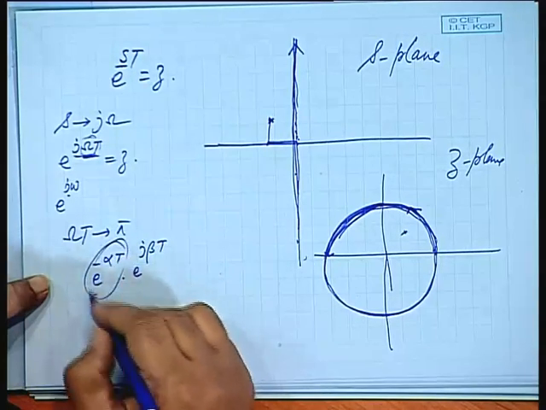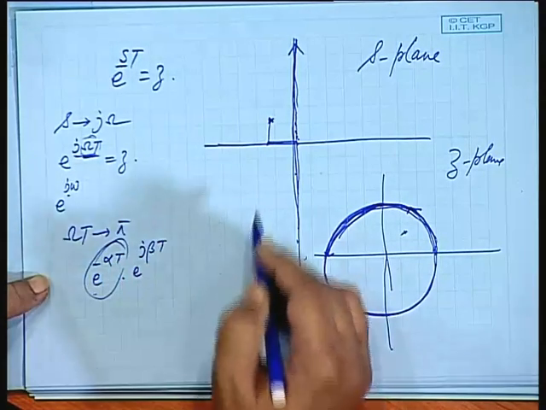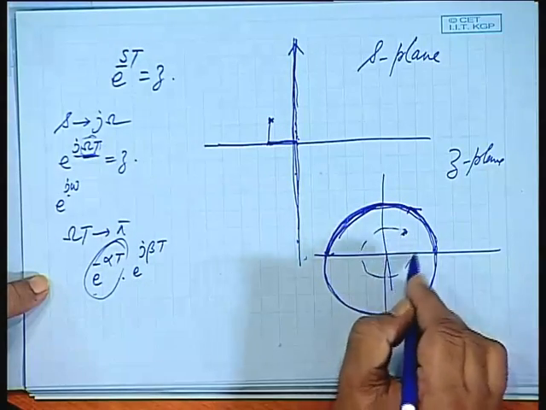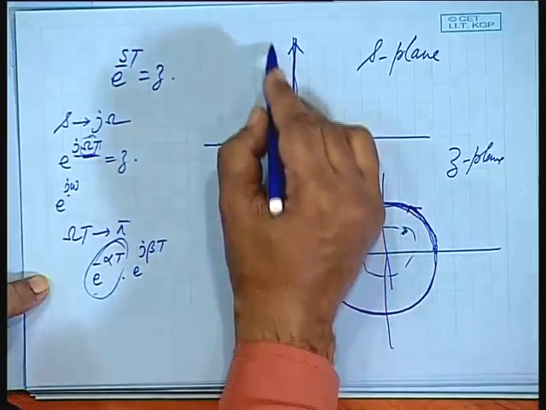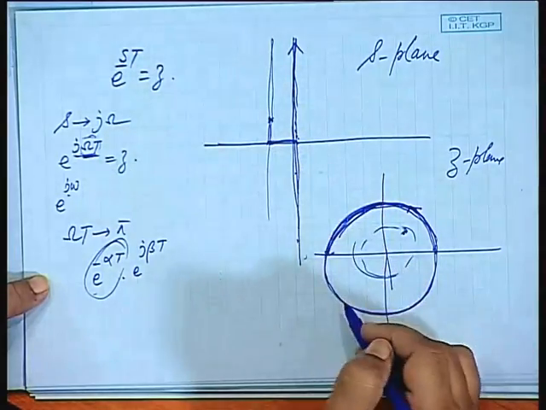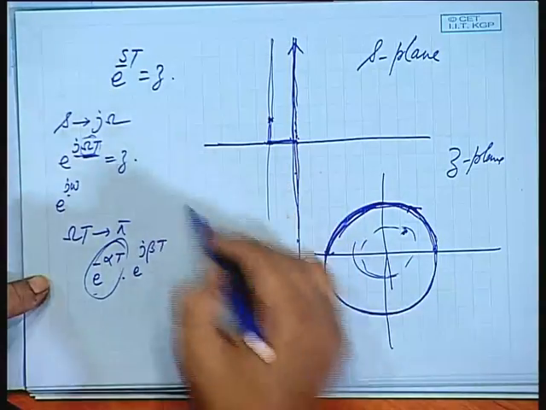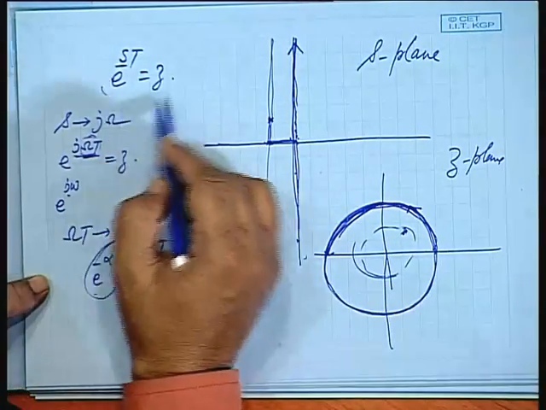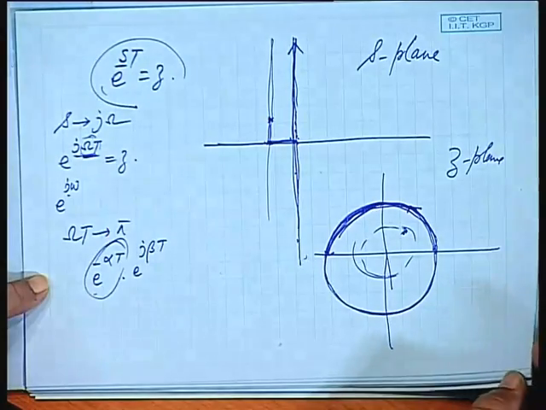E to the power minus alpha t will be less than 1, all right. So, it will be inside, it will be a circle like this. If I go along this, it will be a circle like this. So, all the points in the left hand side will be within this unit circle in this substitution. This is the actual substitution.